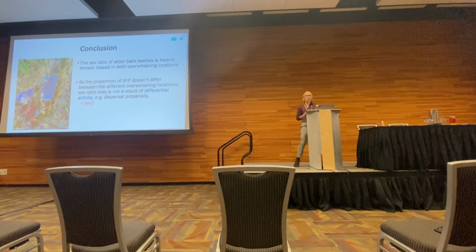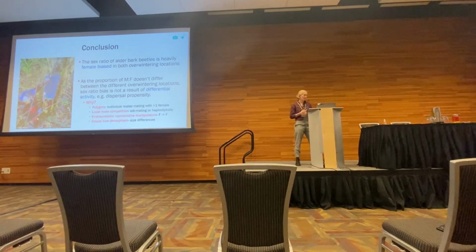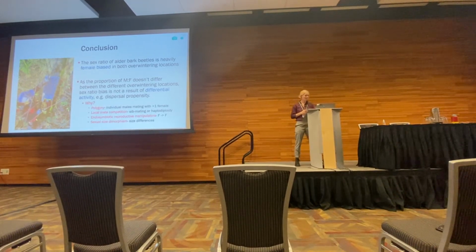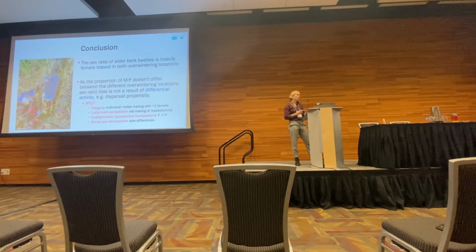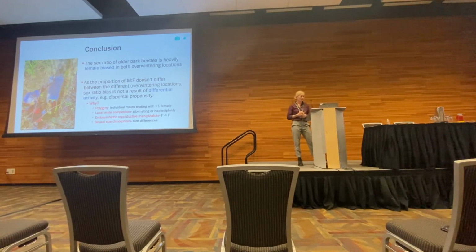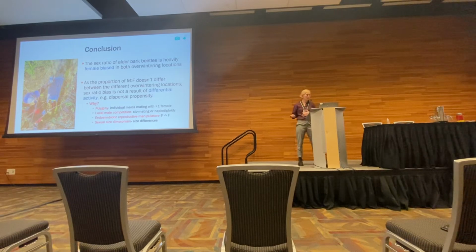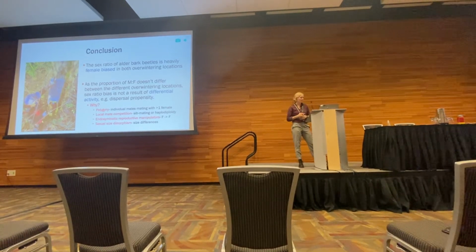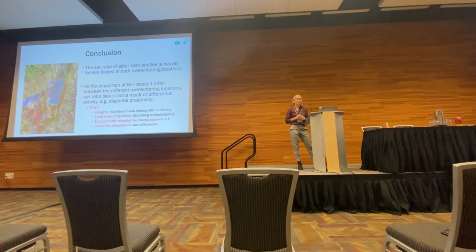So why could this be happening? What are some reasons? I mentioned a couple of them earlier, but we could have polygyny happening, where you have individual males mating with more than 1 female, so potentially skewing that population to be more female biased. You could have local mate competition occurring, so that's sib mating, or the extreme case that's seen more commonly in ambrosia beetles of haplodiploidy. Here's one that I haven't talked about before, but you could have endosymbiotic reproductive manipulators.